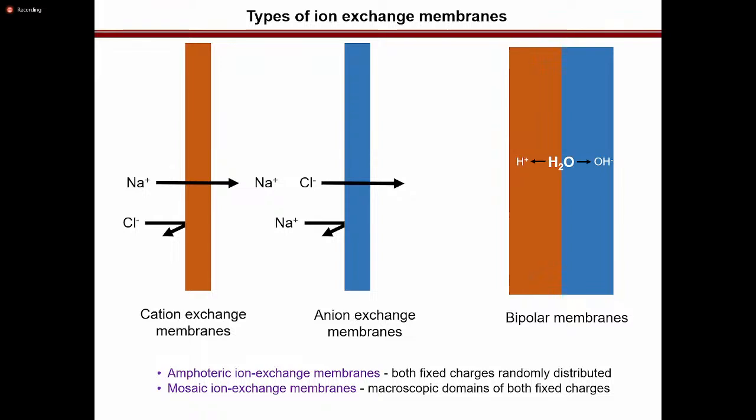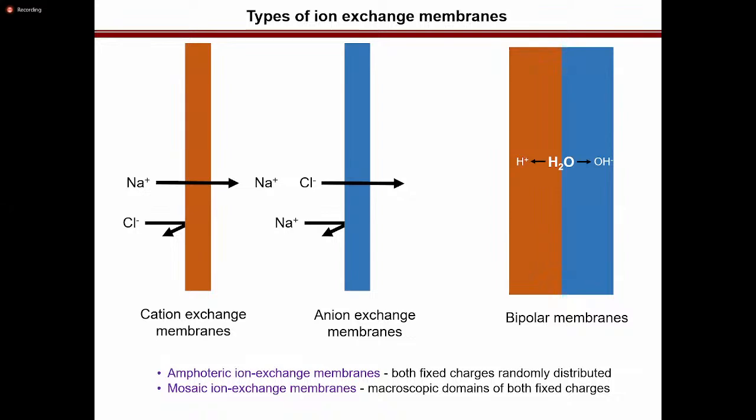Here again, a review of the different types of membranes. What I want you to keep in mind is only the most important types of the ion exchange membranes, the cation exchange membranes and the anion exchange membranes. There are also other varieties of ion exchange membranes, the bipolar membranes, where you can put the two ion exchange membranes together, as you can see.